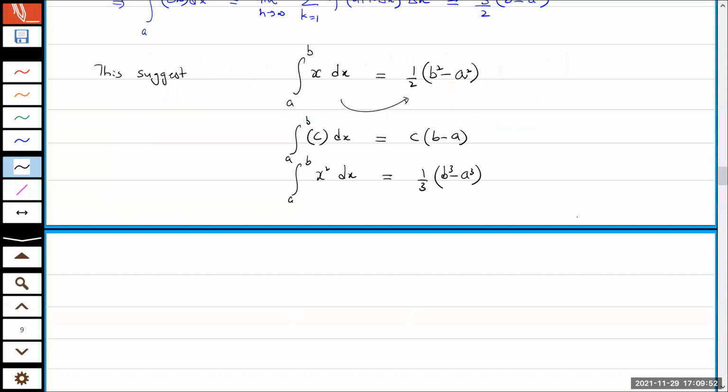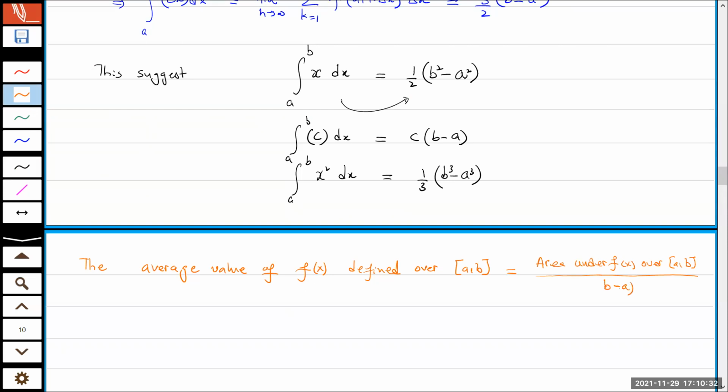If you remember, we wrote that the average value of f of x defined over the interval a to b was equal to the area under f of x over the interval a to b, all divided by the length of the interval, which is b minus a.